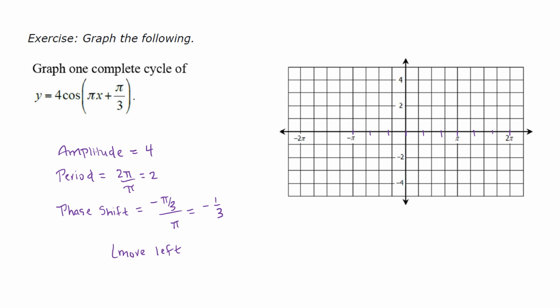Okay. I know my period is going to be 2. I know my amplitude is 4. And I know my phase shift is negative 1/3.